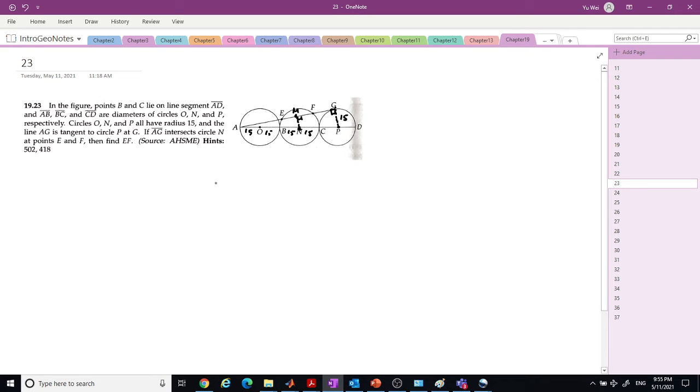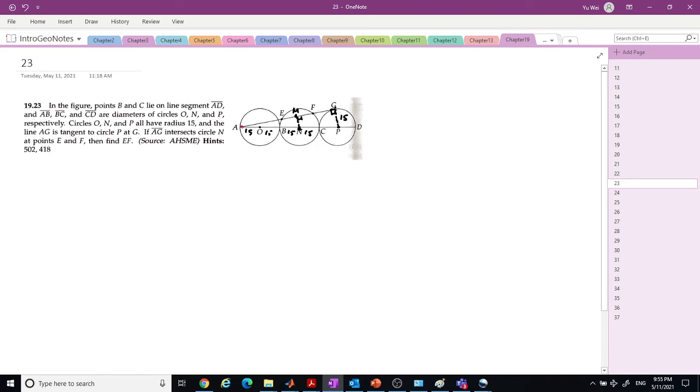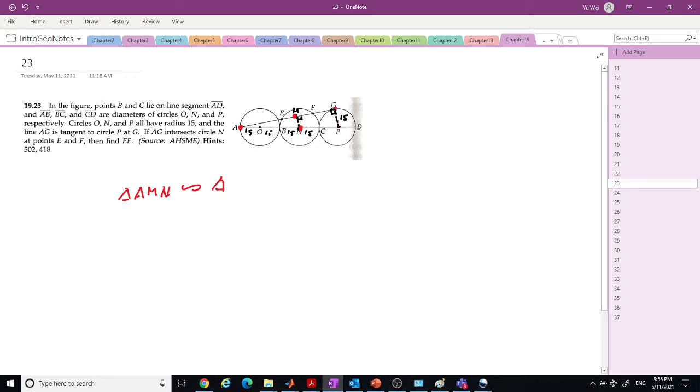So now let's see, we have a similar triangle here, triangle AMN similar to triangle AGP. Then we have MN over GP is equal to AN over AP, right?